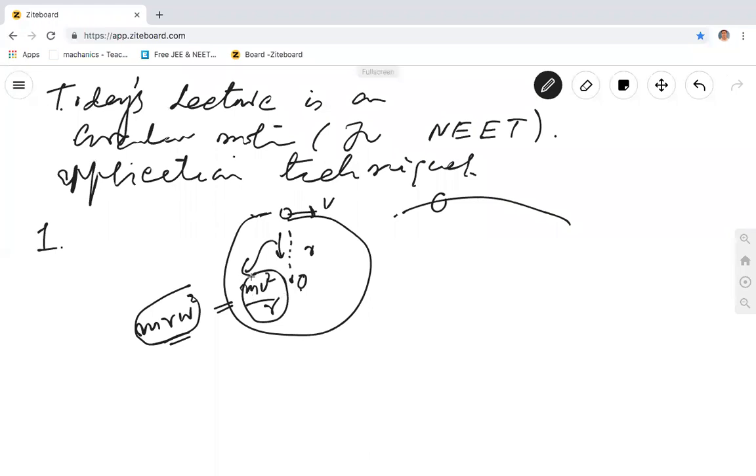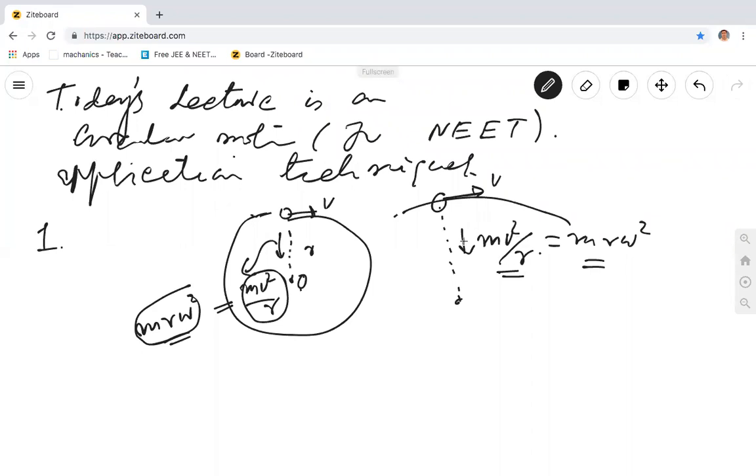This is a requirement. Similarly, if a particle moves in a circular arc, it will not move in a circular arc unless you provide a force towards the center of the circular arc, and that force is mv square by r, or m r omega square. But I repeat again, this force is a requirement.